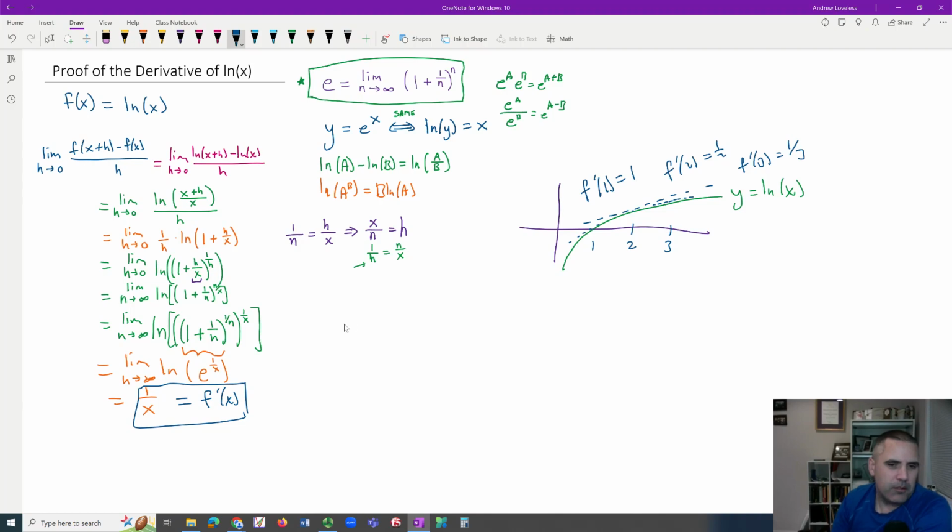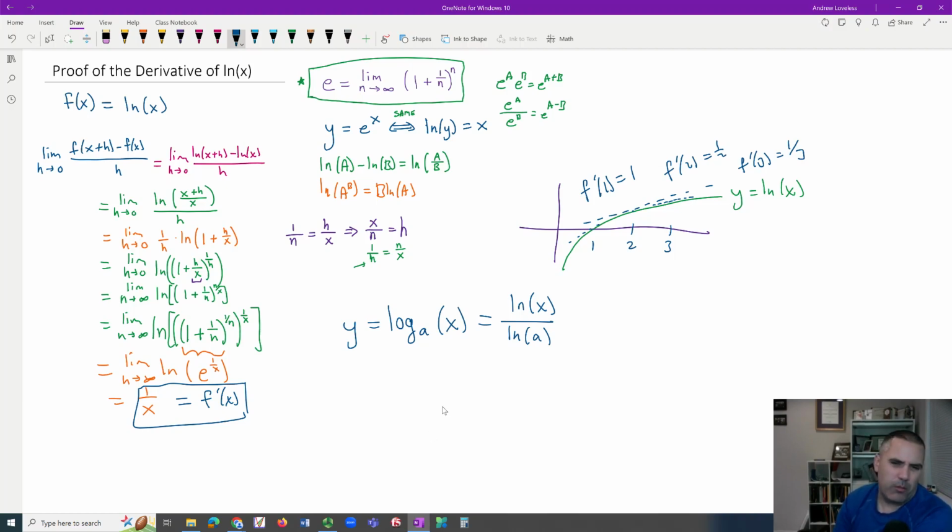Okay, if you had some other log, y equals the log base a of x, there's a few ways you can go. I mean, this is the same. There's 2 steps. If you don't know this rule, you can write this as the natural log of x over the natural log of a, and those are the same.